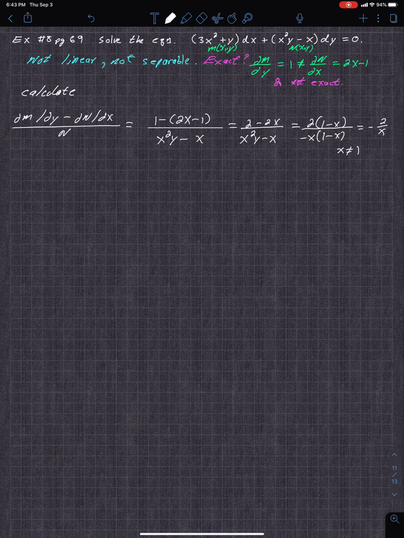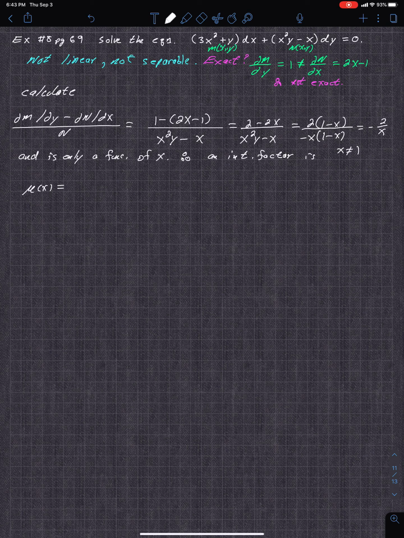So is that a function of just x? And it is, and it is only a function of x. So therefore, an integrating factor is μ(x).